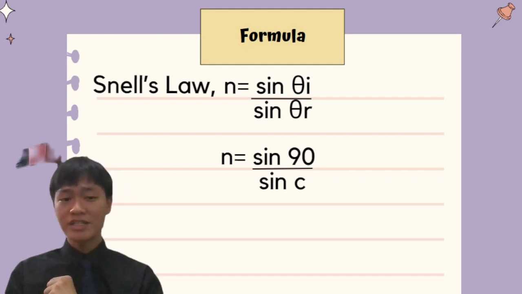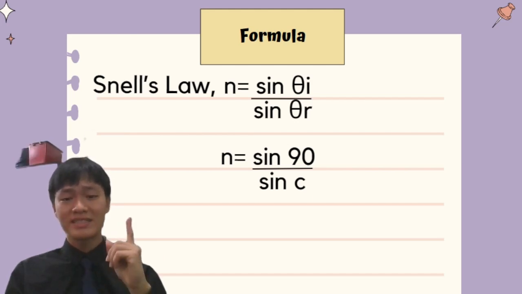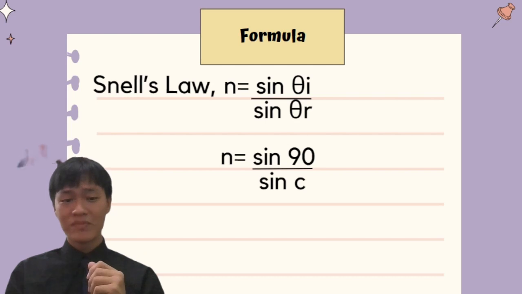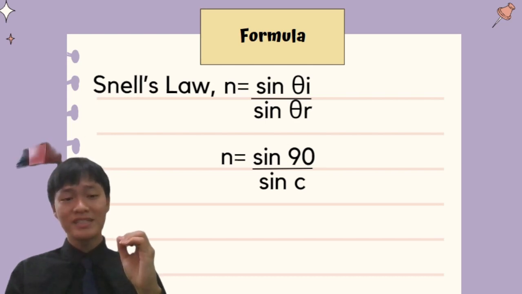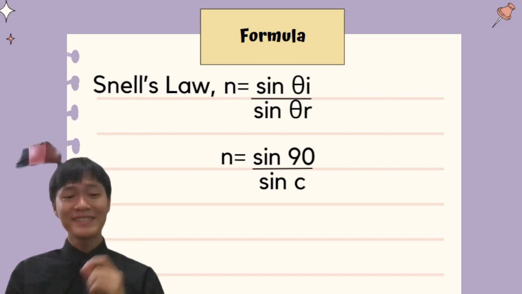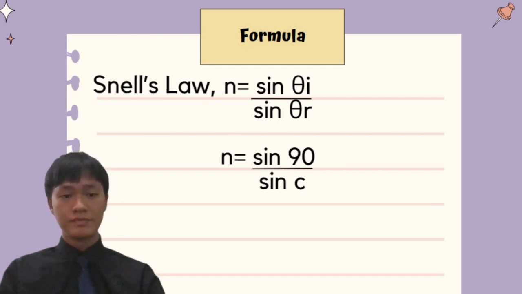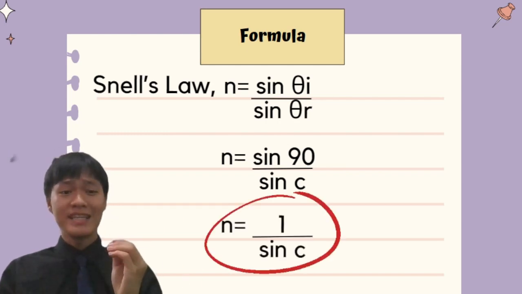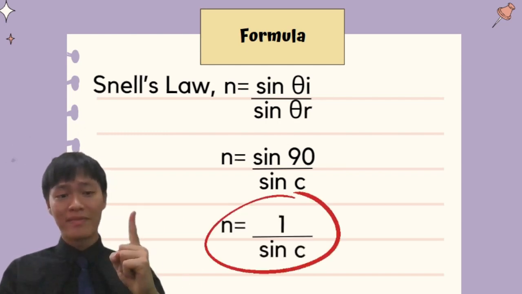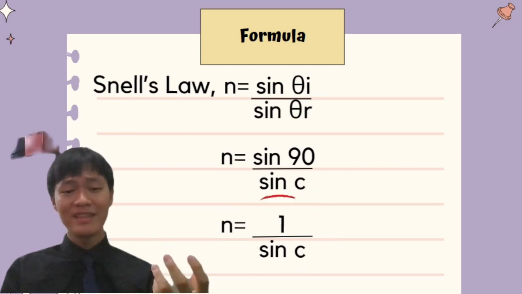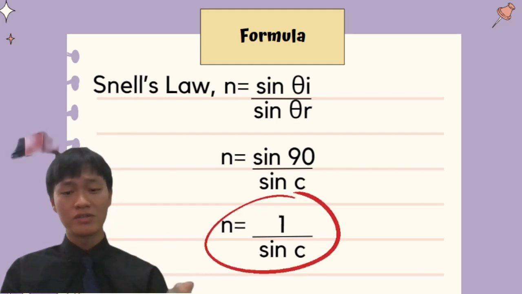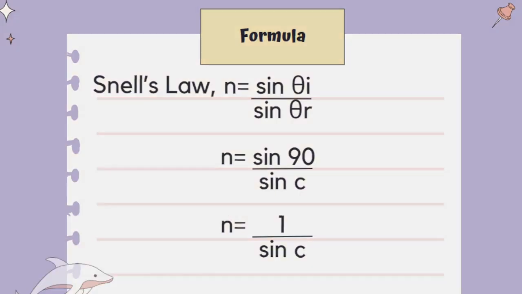So, in this situation, we can substitute 90 degrees for the angle of refraction, and the angle of incidence becomes C. Since sin 90 degrees becomes 1, the refractive index is equal to 1 over sine of the critical angle.